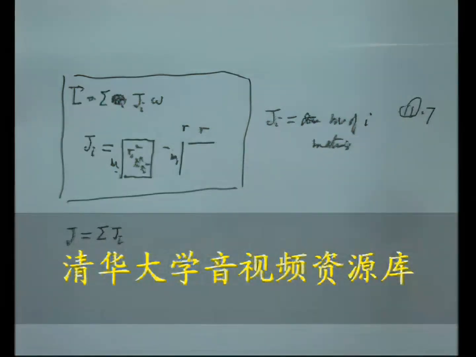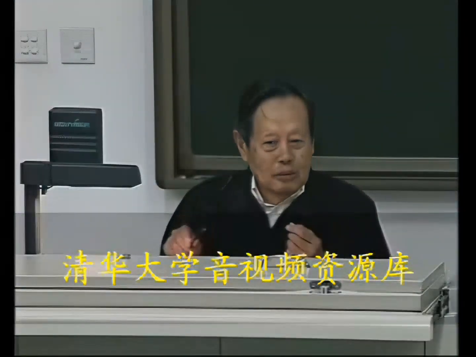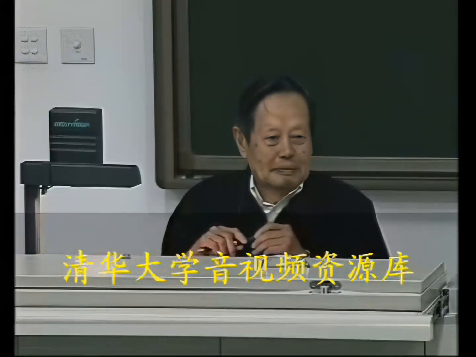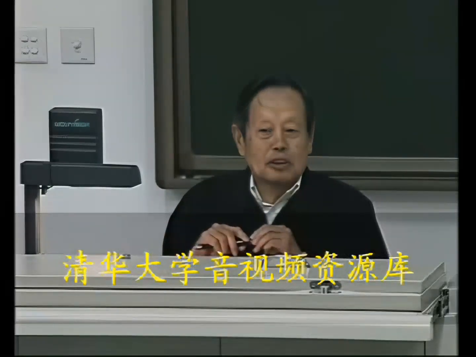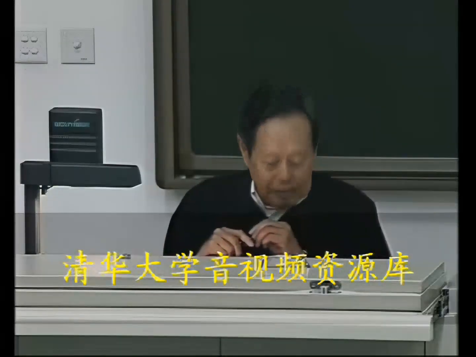You probably have learned in high school physics the concept of moment of inertia, but that's too elementary. This is the more general moment of inertia. It's a matrix. It's sometimes called a tensor. So a matrix is a kind of tensor.